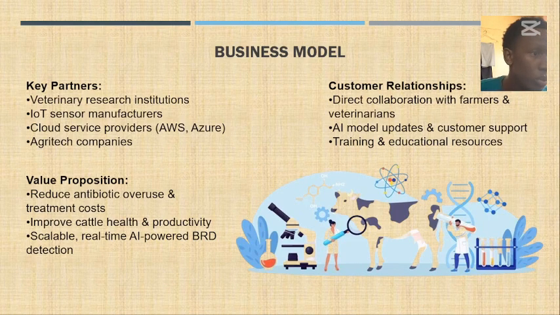For value proposition, there is reduced antibiotics overuse and treatment costs, improved cattle health and productivity, scalability, and real-time AI-powered detection of this disease. For customer relationships, we are targeting direct collaboration with farmers and veterinarians, AI model updates and customer support, and training and educational resources.